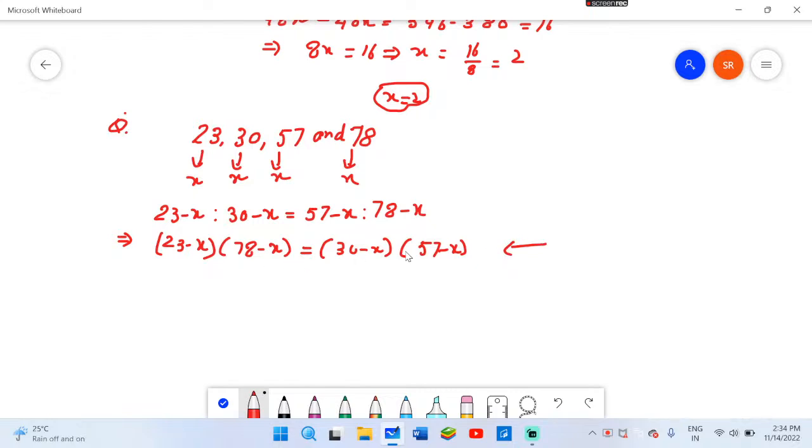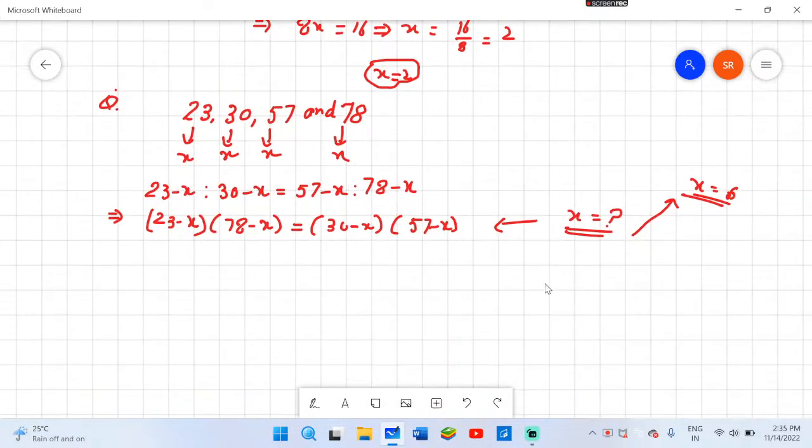You multiply, cancel the common term, that will be x square on both sides, and hence find x, same as in the previous sum we have done. And for this sum, the answer should be 6. x should be 6. So I am sure you will be able to complete it.